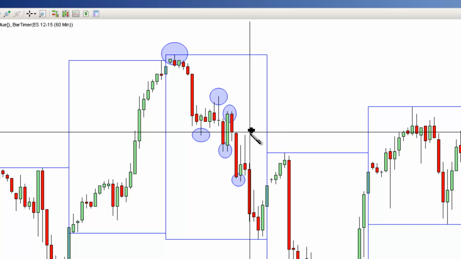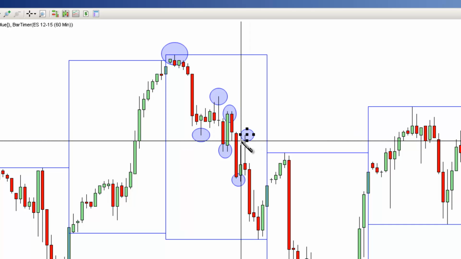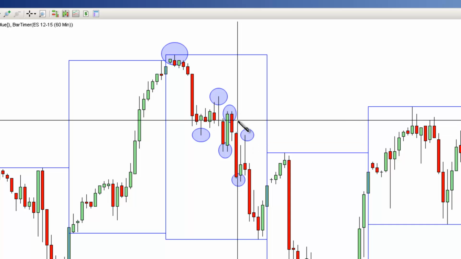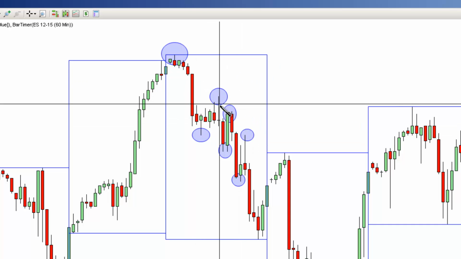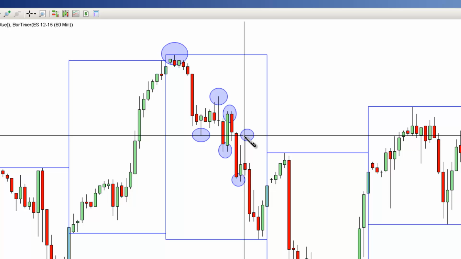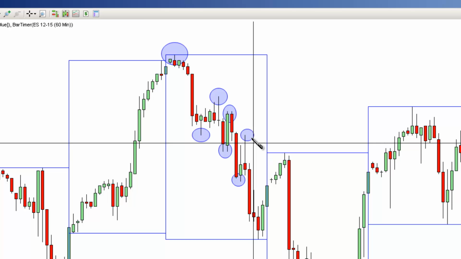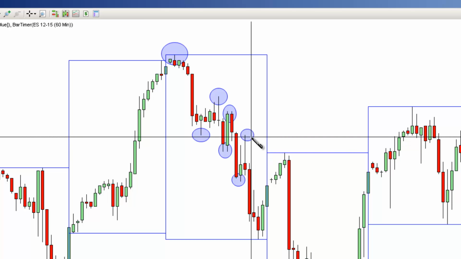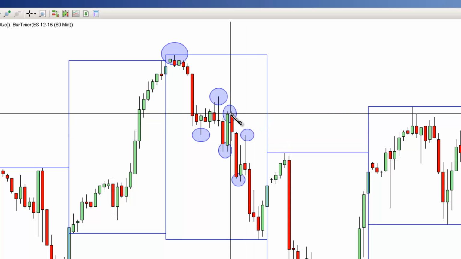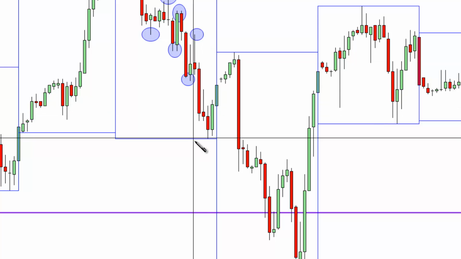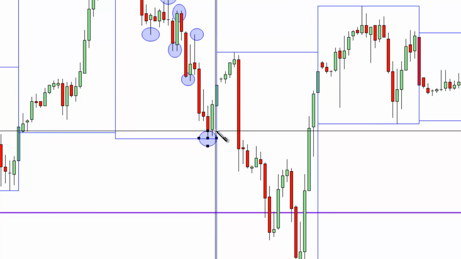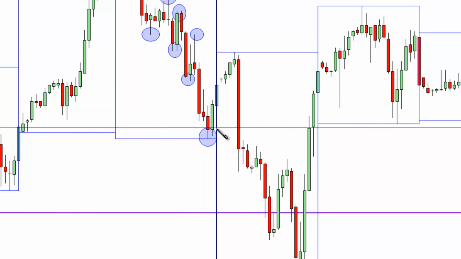So yet again, they rally and they create another peak. But you'll see, just like with the previous ones, we have again a lower peak. This is really important because yet again, they've been forced down in the market. And once they realize they can't push the market up and break one of these higher peaks, the market gets pushed down yet again to create another lower low.